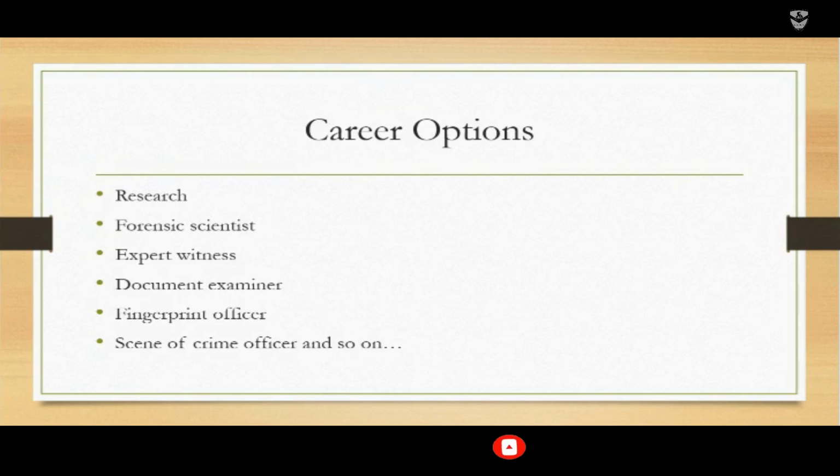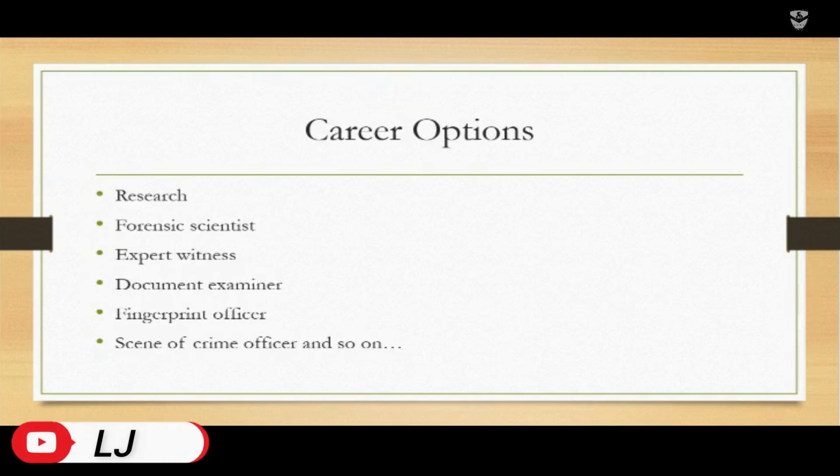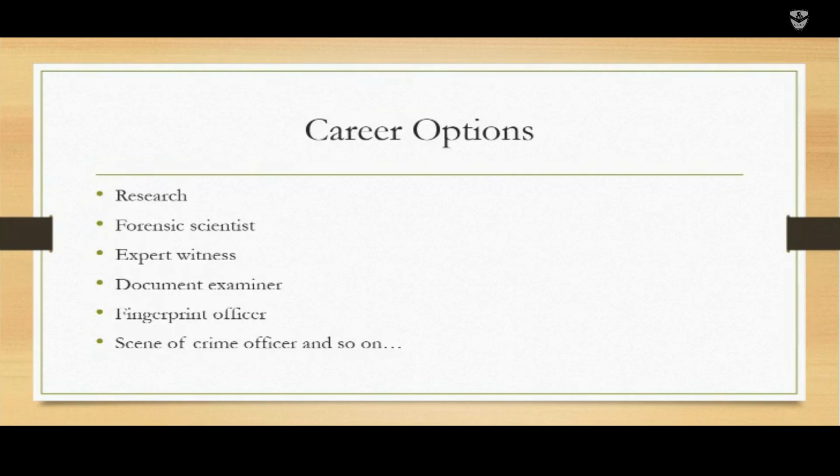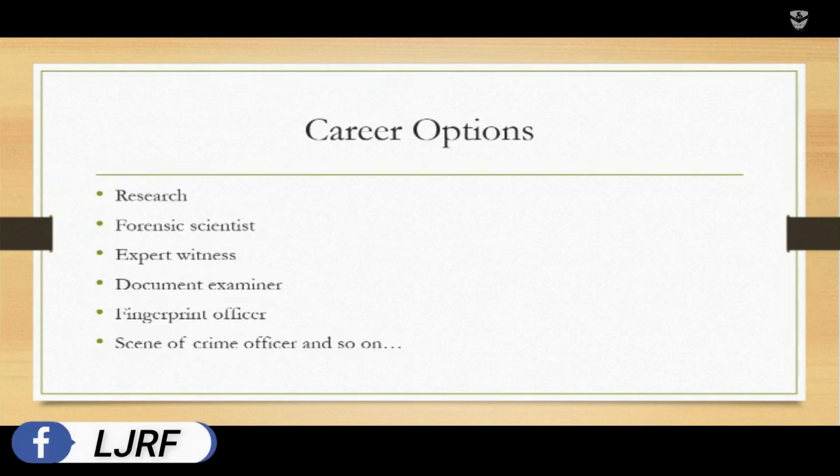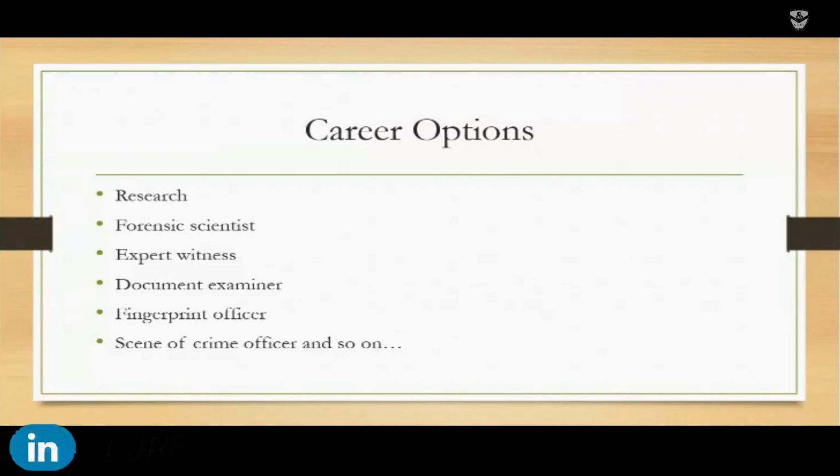I did my master's with a specialization in touch DNA from firearms and ammunition, but just after I submitted, a lot of new techniques and methodologies came up in the last 2 to 3 years. The research behind forensic science is growing so fast.